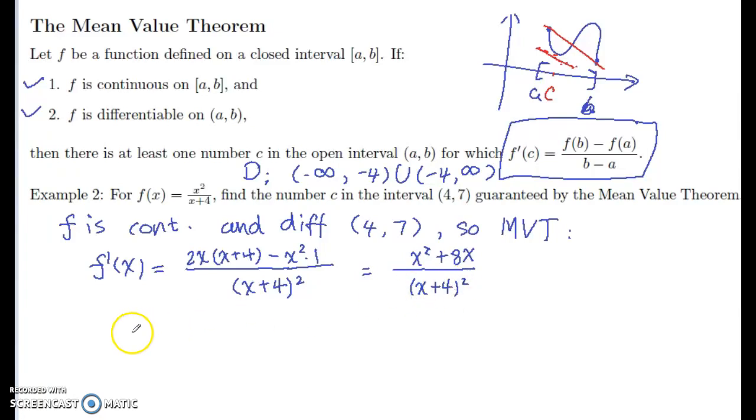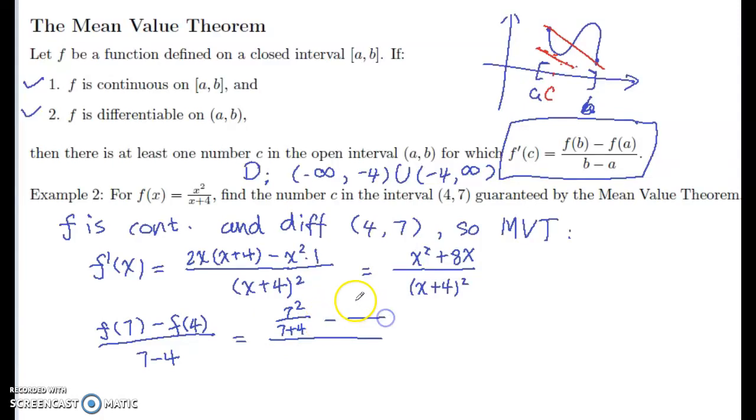That's the derivative. And we need to find out what is f of 7 subtract f of 4, divided by 7 minus 4. So what is f of 7? We just plug in the number. 7 squared divided by 7 plus 4 minus 4 squared divided by 4 plus 4, all over 3.